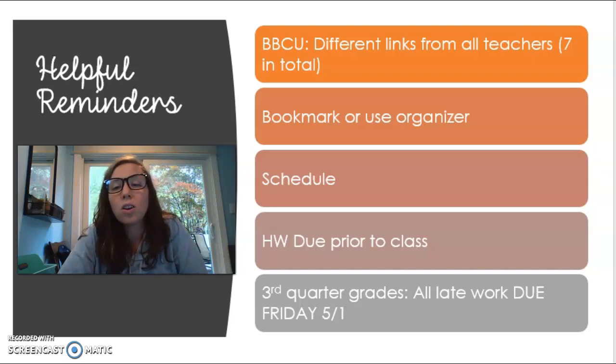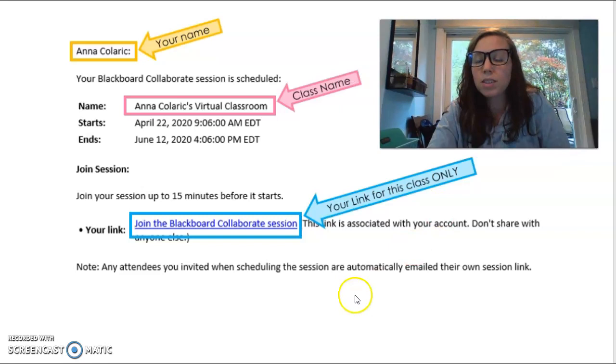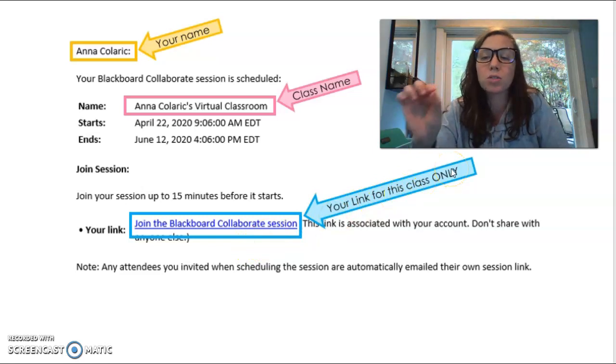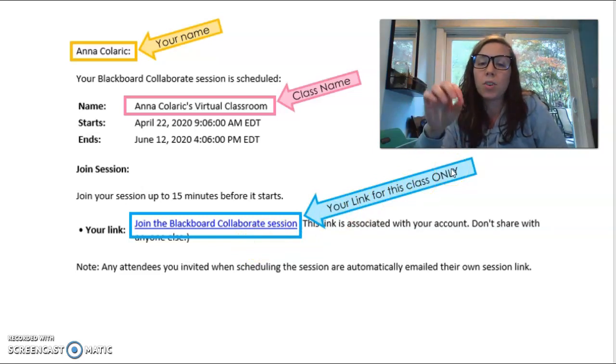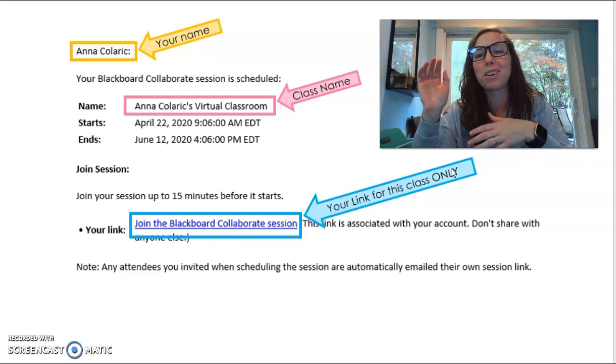Okay, so when you get these links, it'll look something like this. This is what the email looks like, the exact one they sent me. Your name is going to be at the top, then the session name, which is the class name, and then the link for that class only. That's why you have special classes for each particular teacher, so it's not like walking into the wrong class, where you're supposed to be in math and you went to English.